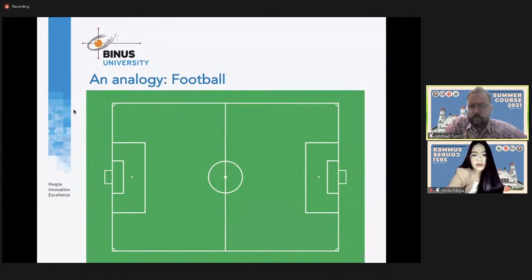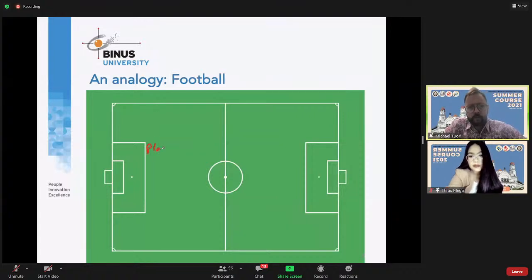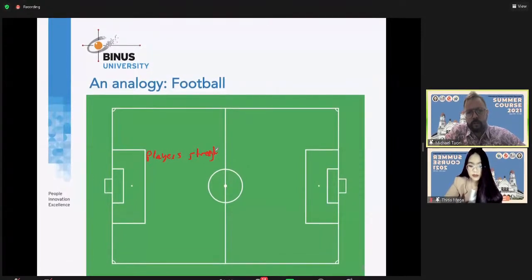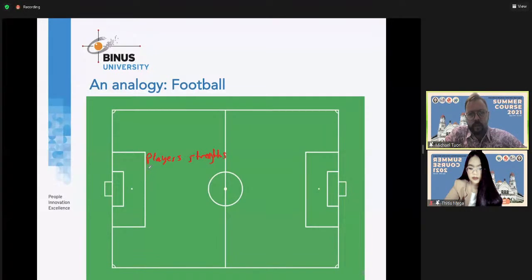The players. Yeah. So our players have certain strengths, things that they're good at, right? And you want to use their strengths. And our players also have weaknesses. We want to avoid their weaknesses.